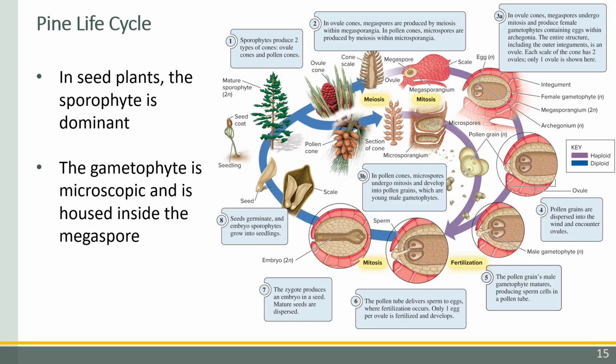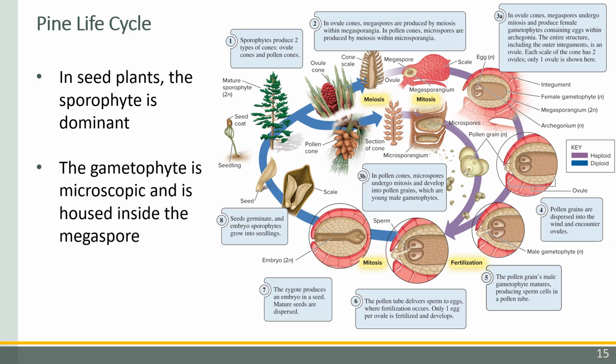So if we start with our seed growing into a mature plant, that's our sporophyte. Remember, our sporophyte is going to produce our spores. If we go along the right, the pollen cone is going to produce the pollen, which is a spore that contains the male gametophyte.